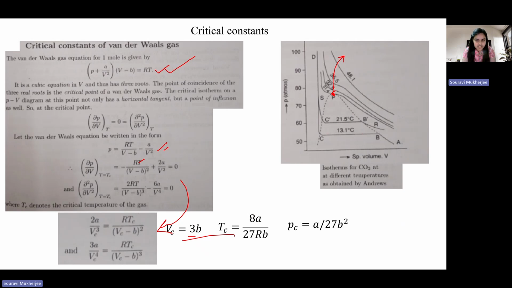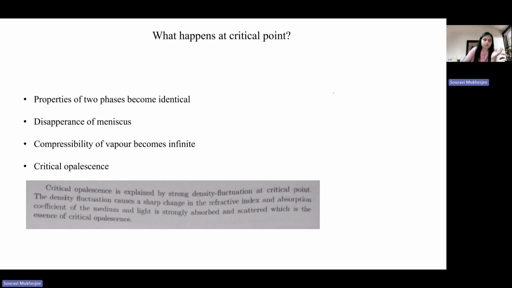So at this point, what happens? Beyond this, there's only vapor phase. At this point, there is a coexistence of two phases, and that's the point where the two phases become identical. So if there's a meniscus between the two phases, at this point it will disappear.